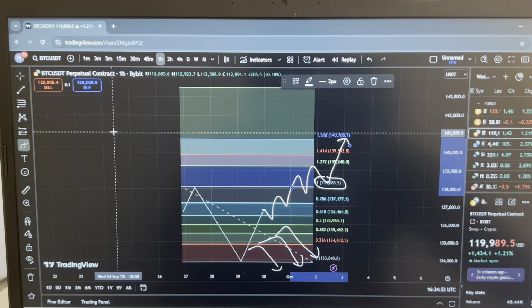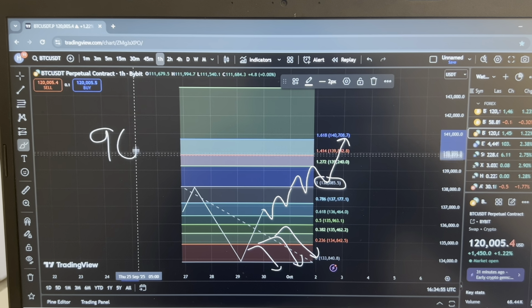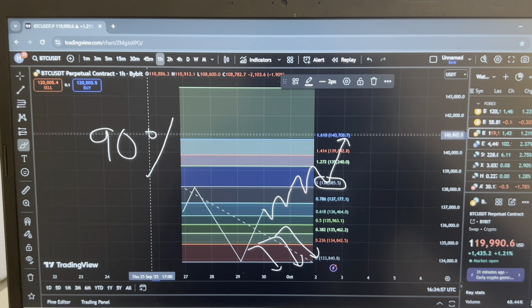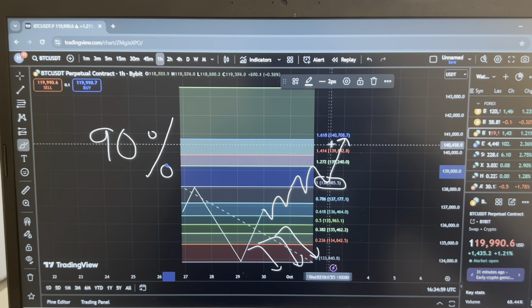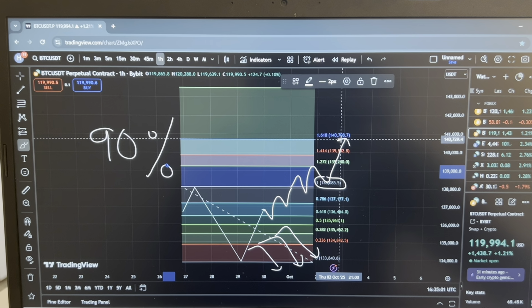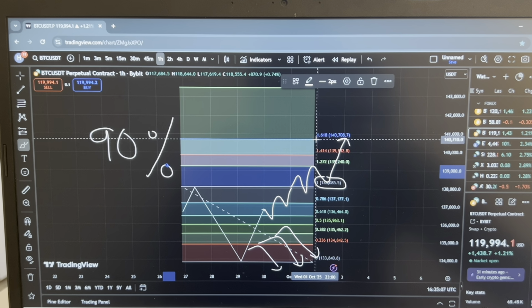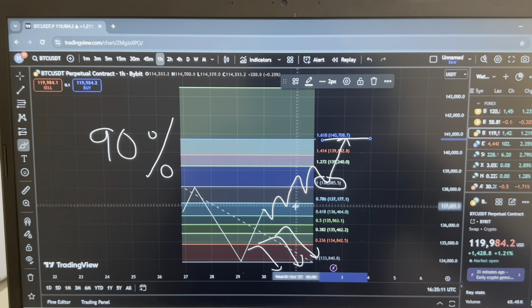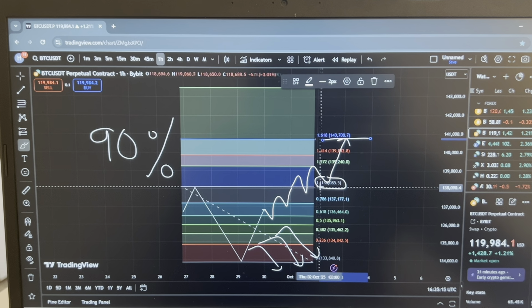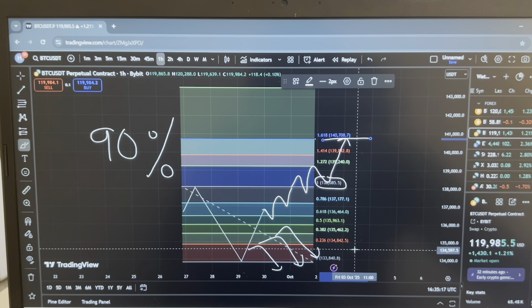There is a 90% probability that it's gonna go up to this blue line. That only happens, this line would be broken by the market, only if it keeps on making closed candles above the number one line.